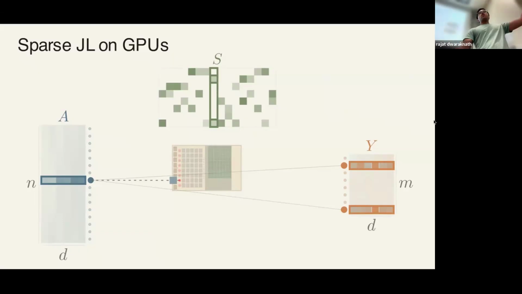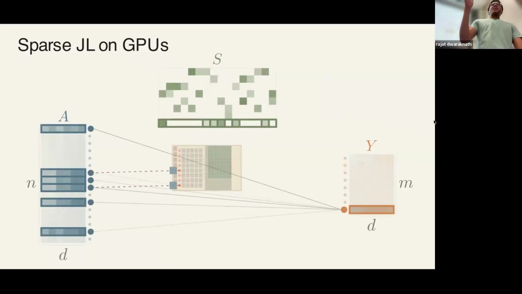Then you say, I'll just let all my threads do this in parallel. The problem is it doesn't exactly work, because what if two threads are trying to contribute to the same row of Y, and they both read an entry of Y, and then they do their compute, and now which value goes here? You can't really add them together, and you can't write one of them because it's an in-between answer.